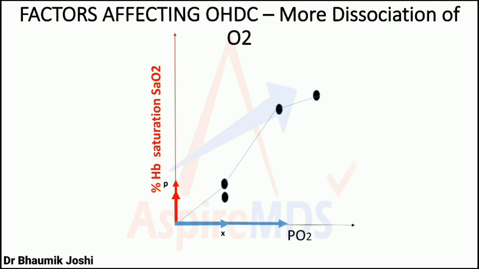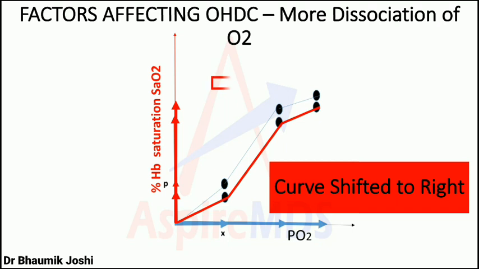And even if you keep on increasing the oxygen as compared to the previous condition, this association will keep on decreasing only. If we form a curve for this condition, when these factors are present, the curve shifts to the right. So in the presence of more association of oxygen, the curve shifts to the left, but in case of more dissociation of oxygen, the curve shifts to the right.